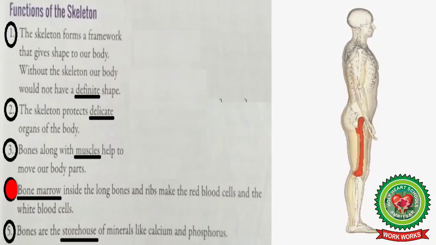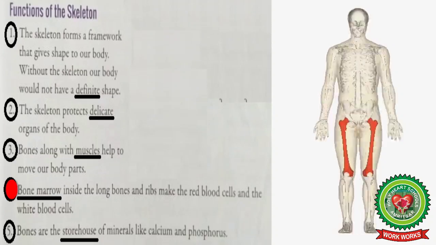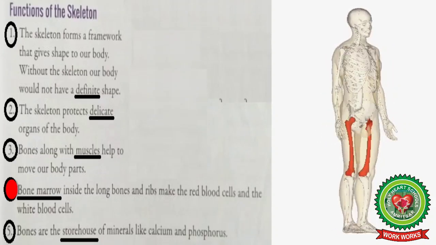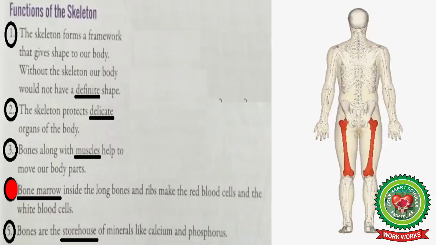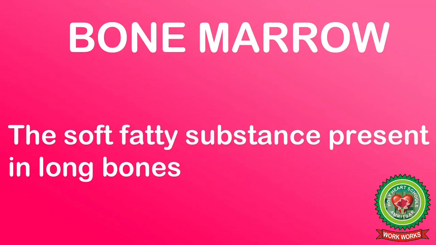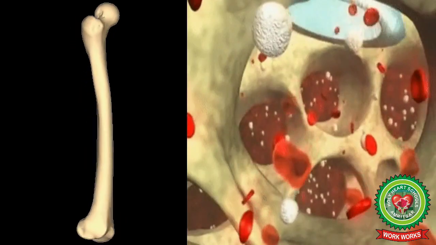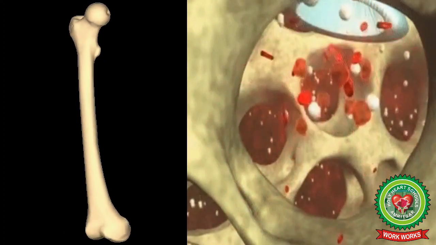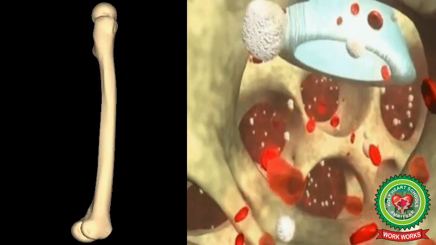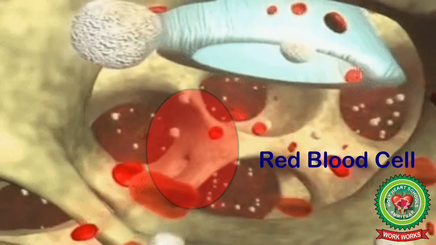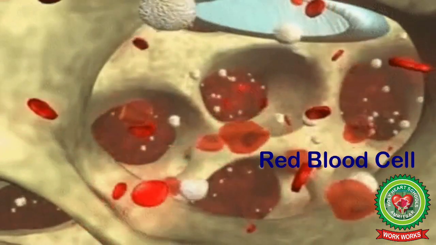Students, bone marrow inside the long bones and ribs makes the red blood cells and the white blood cells. Underline word bone marrow and write down its meaning, the soft fatty substance present in long bones. So students, there is a jelly-like soft fatty substance present in long bones called bone marrow, and in bone marrow red blood cells and white blood cells are made.